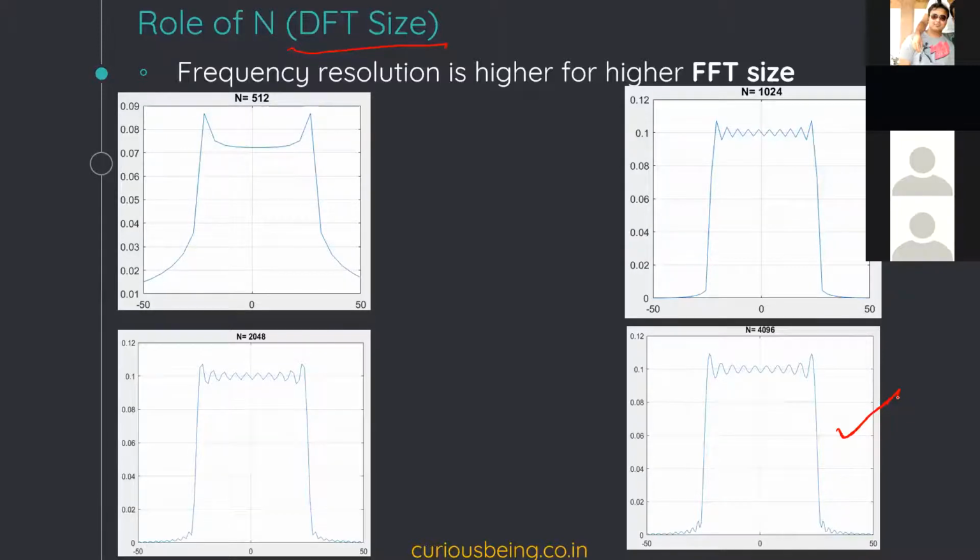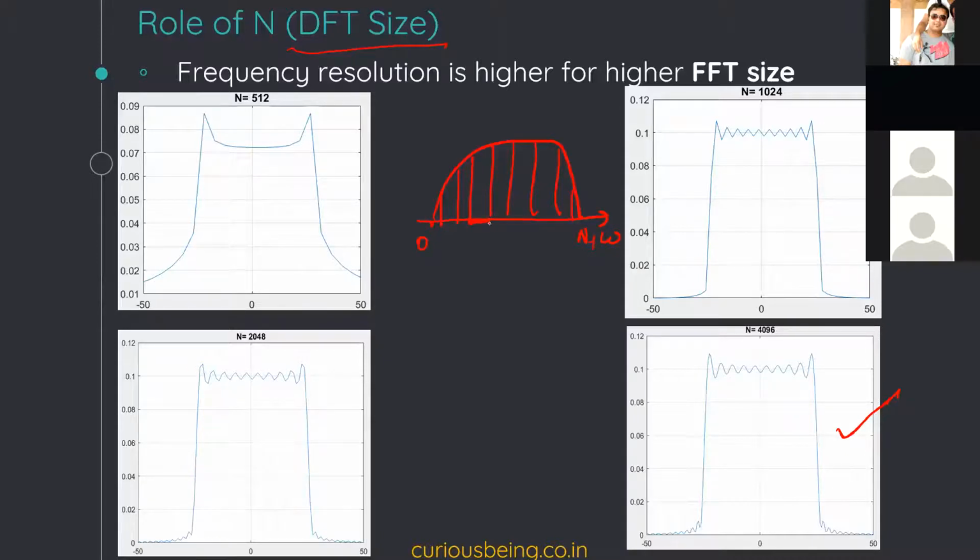Why? Because let's say this is my DTFT X(e^jω), and for the DFT, what we do is we sample it, and these are N samples here, 0 to N minus 1.